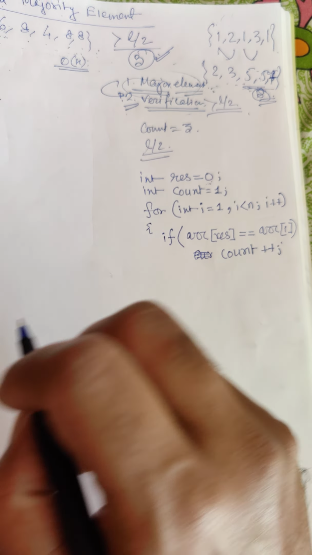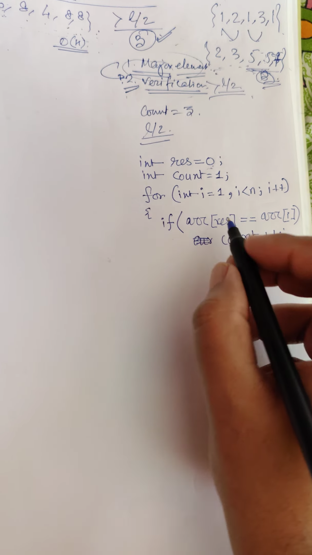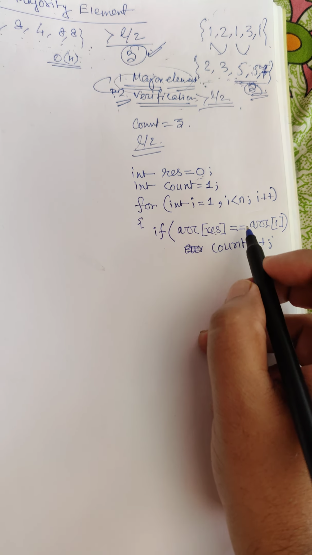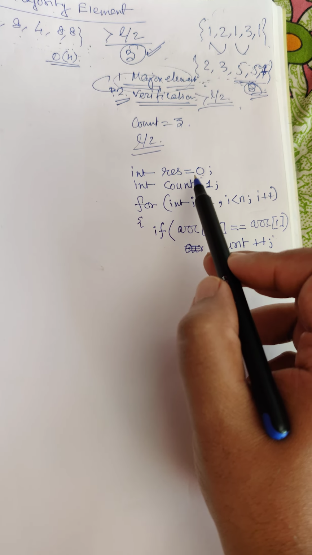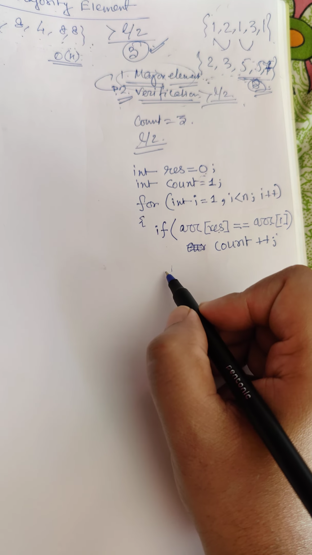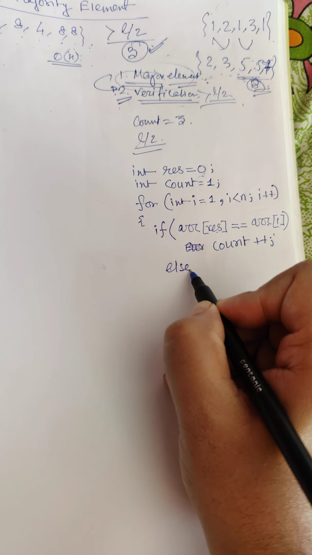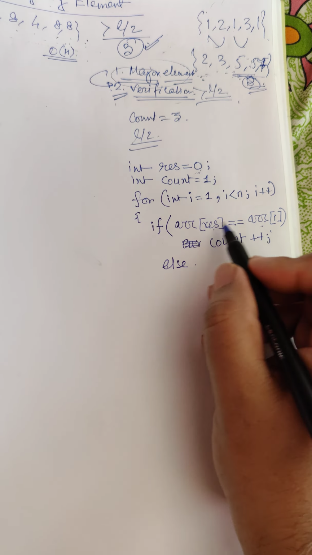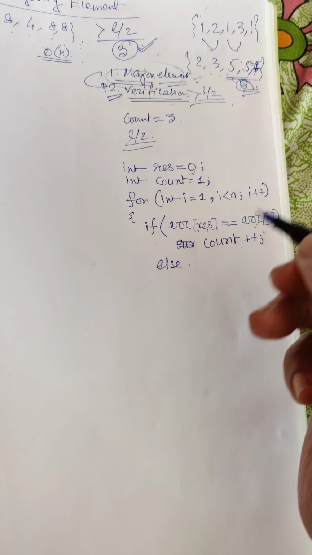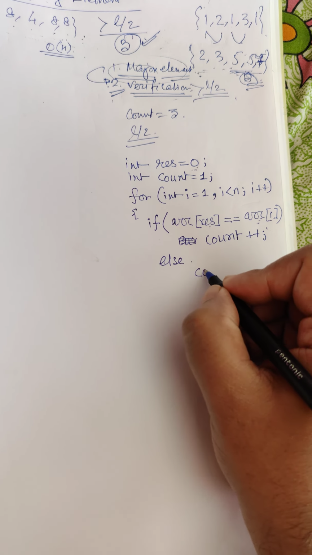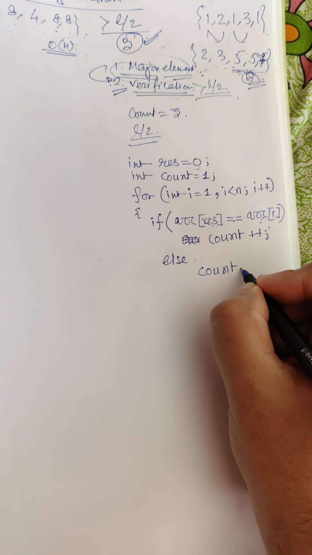And the second part: if he is someone whom we think could be a leader, but our result is not equal to the index, then we are saying he doesn't have the power, so we are decrementing that counter.